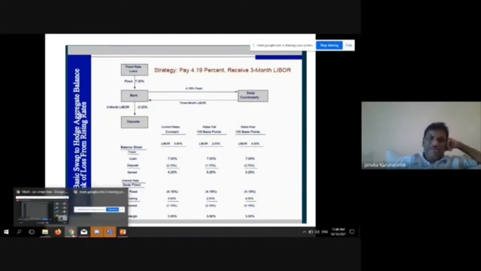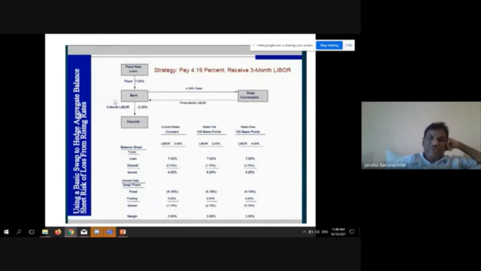Can someone tell? I ask a very basic, simple example. Don't worry about software or anything. Under this structure, forget about the swap, what would be the impact?